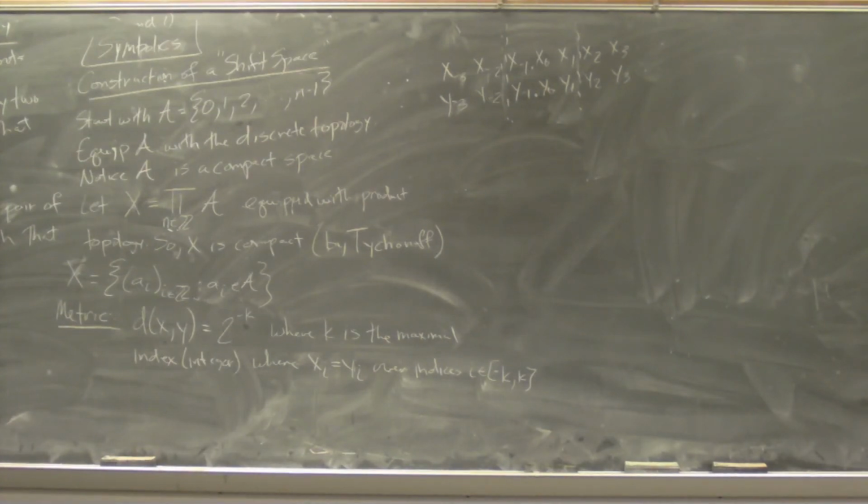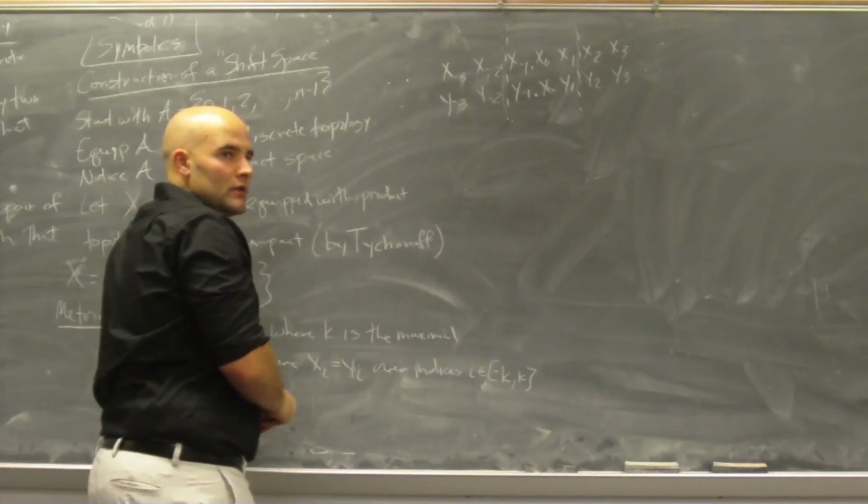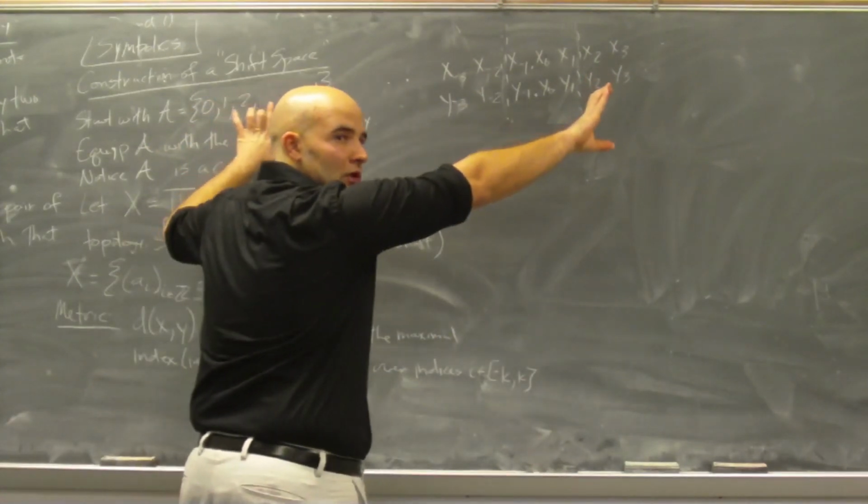I have a question also. Sure. If, for example, x_0 and y_0 are the same, but x_1 and y_1 are not, how do you continue? You go equal in both directions.